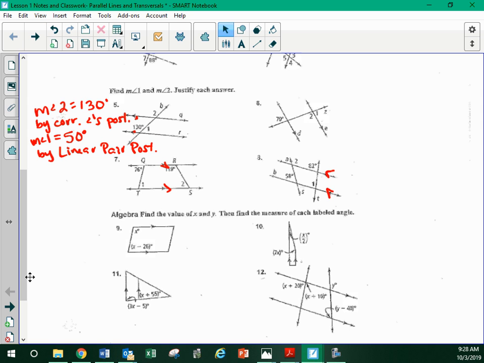No, it's inside the line. Two lines that go like this, and it's on the opposite side. It's two parallel lines, they're on opposite sides of the transversal. Anything outside of them.